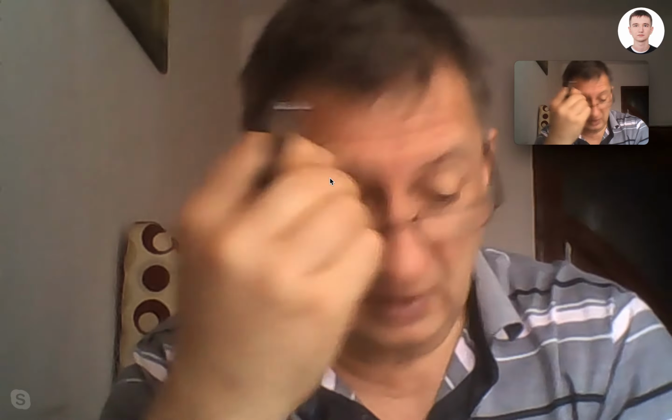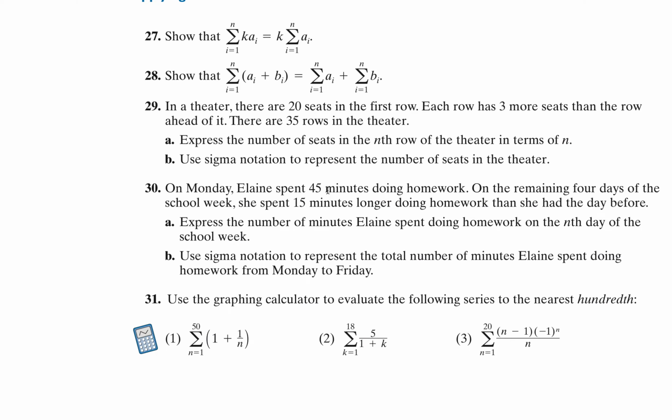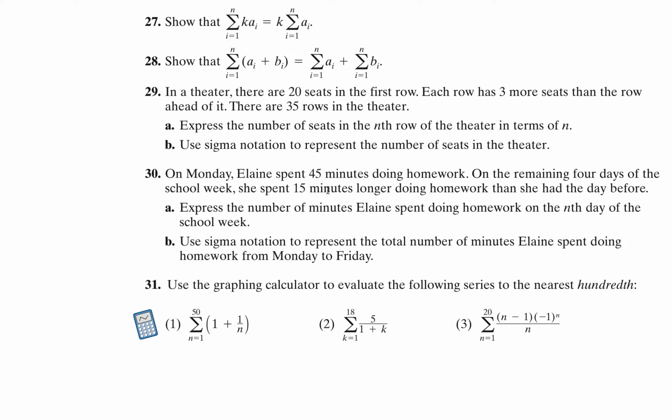Now, think about the pattern. Since the common difference is 3, we have 3 times something, plus 2.